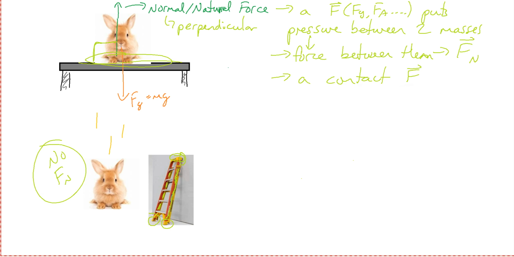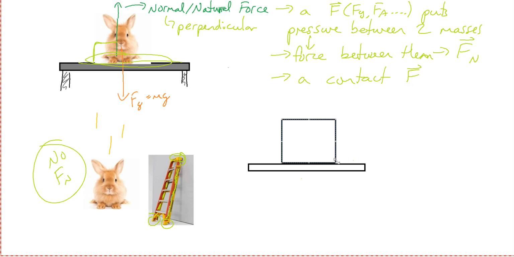So let's even just take something really simple here, similar to that. We'll just use boxes because it's easier. So we have a table or something like that. We're going to put some boxes on here. We'll make that a green box.